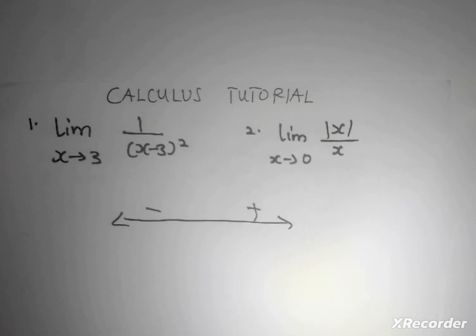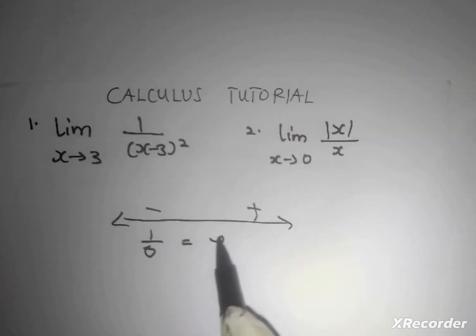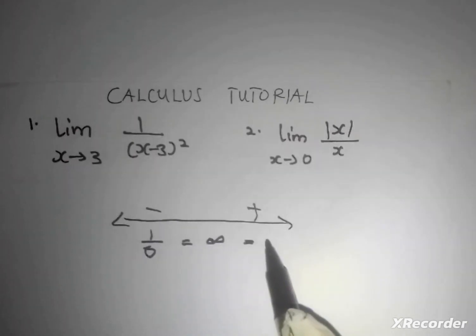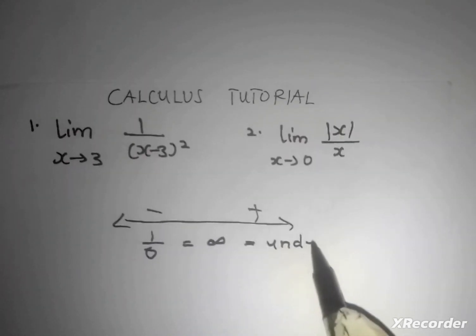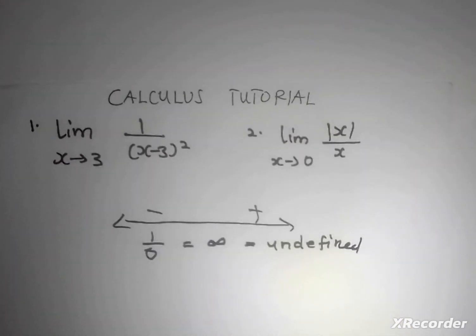Also, in limits, if you solve a limit and you get an expression 1 over 0, the answer is equal to infinity. It is not undefined. Take note of this. In limits, if after putting the limit value inside our function you happen to get 1 over 0, the answer gives us infinity, not undefined.